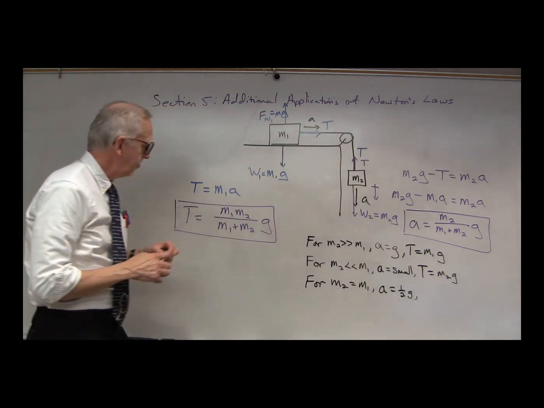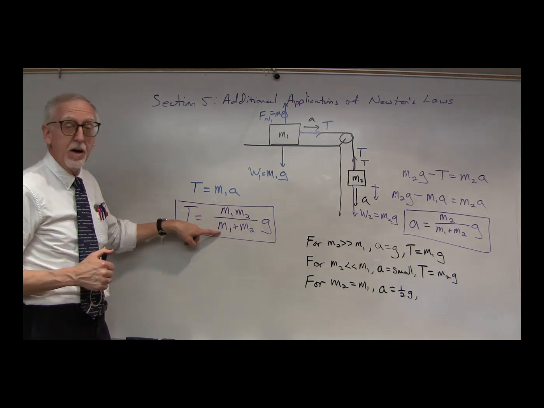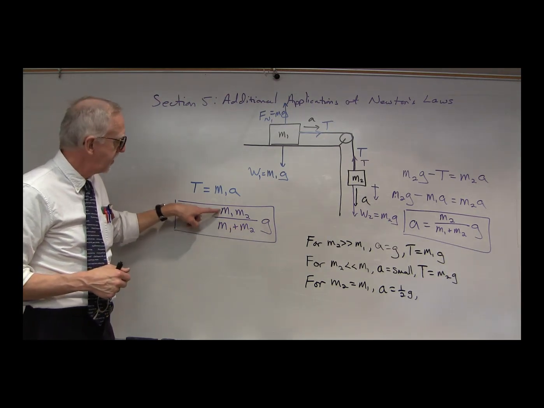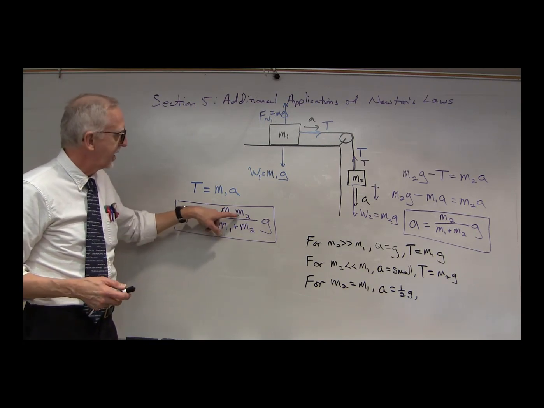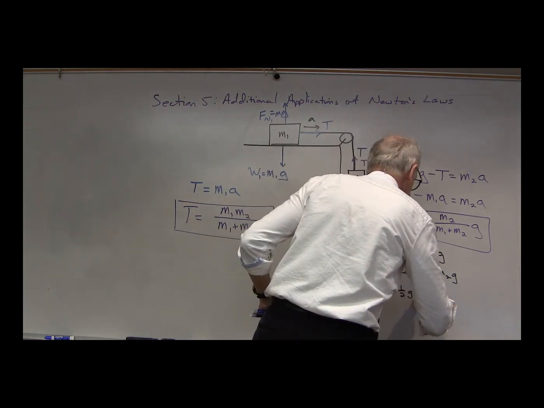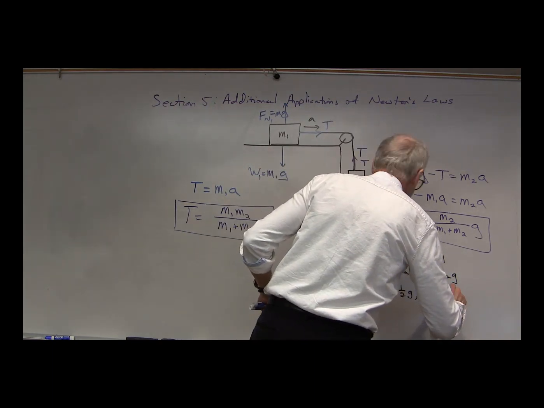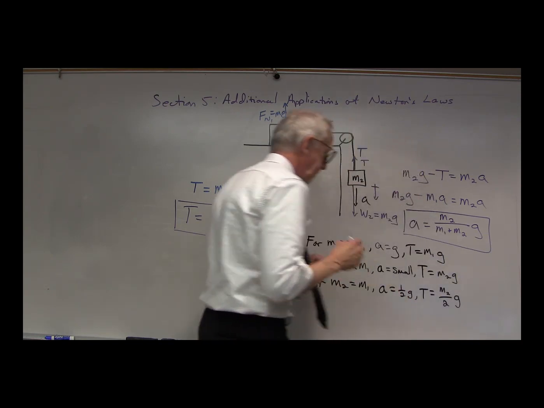And what about the tension? Well, m1 plus m2 will be 2 times m1. m1 over 2 times m1 will be 1/2. So T equals m2 over 2 times g.